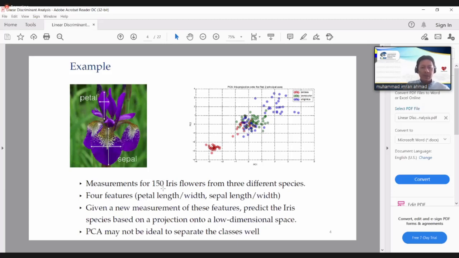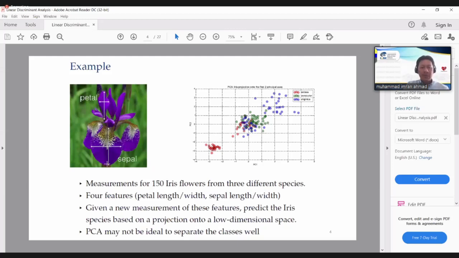The samples in our study number 150, and the 4 features we have are petal length, petal width, sepal length, and sepal width. Assume that there are 4 elements in a single vector: feature number 1, feature number 2, feature number 3, feature number 4.